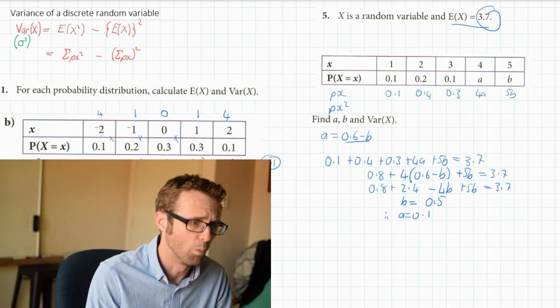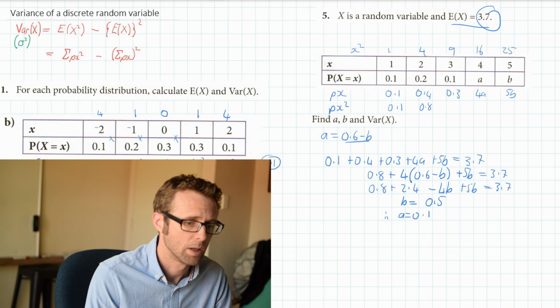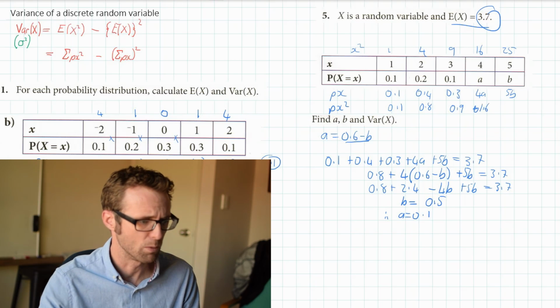Well, I'll put my x squared values up here: 1, 4, 9, 16, 25. x squared p(x) will be 0.1, 0.8, 0.9, and what did we say a was? 16 times 0.1, oh yes, so 1.6, and 25 times b, what did we say b was?